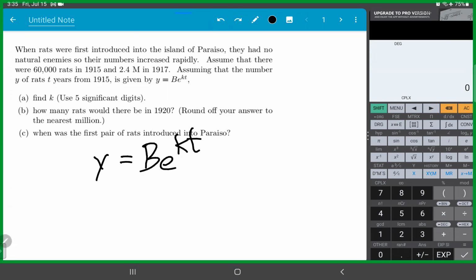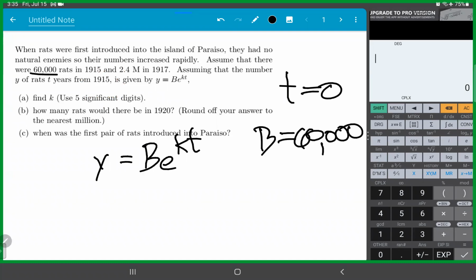Actually, since t is measured from 1915, the year 1915 is your year zero, so that the year zero gives us the initial population, which in the problem is given to be 60,000. So actually, b is already 60,000, but let me show why.